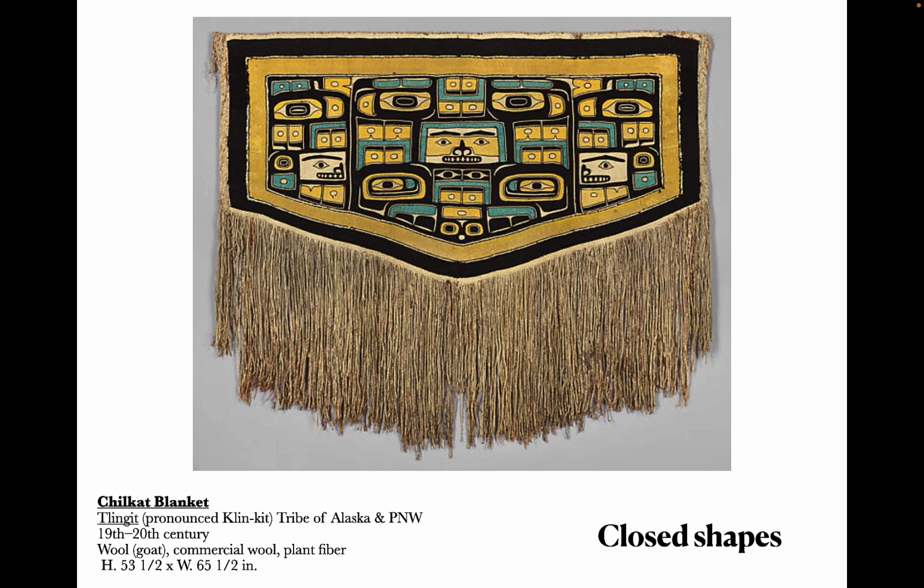The black outlines are really helping pop out those blues and yellows. And this is a really great example. All this kind of traditional Pacific Northwest Native American artwork is really graphic and bold, and they have some awesome shapes that you can be inspired by. There's a lot in there.